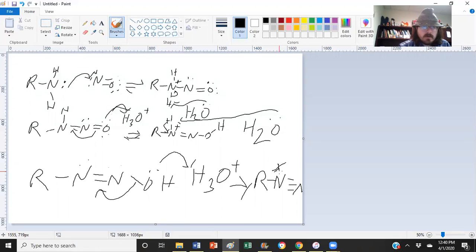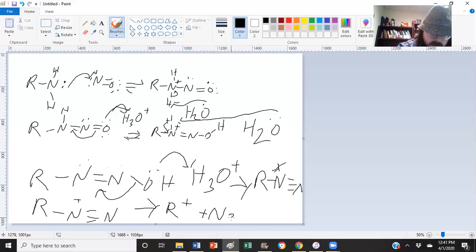Now, with that in mind, this diazonium is a really good leaving group, useful for all sorts of SN reactions, all sorts of beta elimination reactions, ready for all sorts of rearrangements. Because R-N2 plus will very easily form R plus and N2 gas. If this floats away, it's not going to reverse its way back.